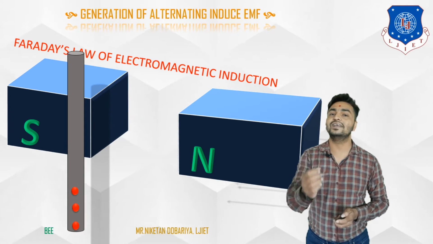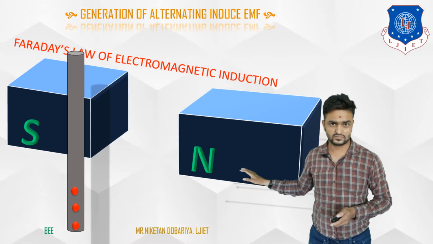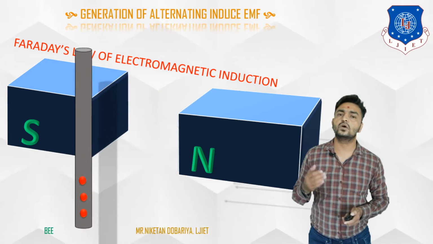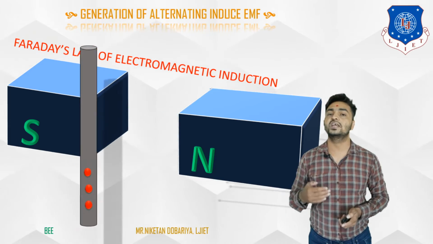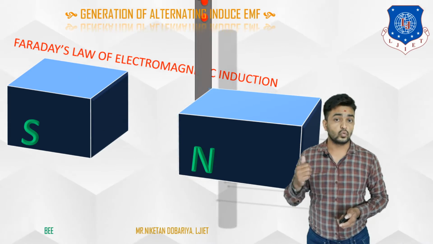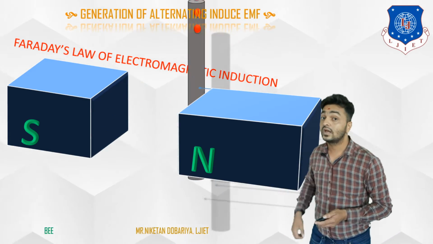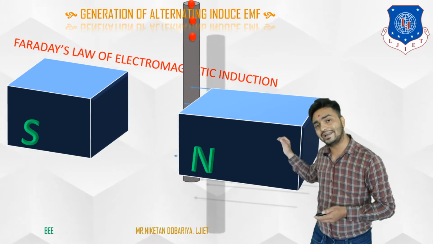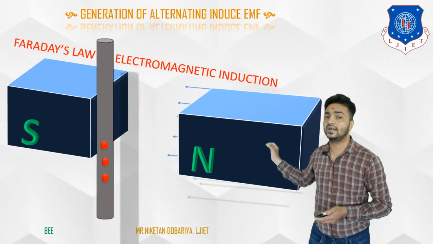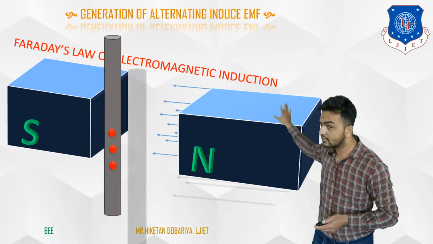To provide relative motion between the magnetic field and this conductor. So let's say we are moving the conductor in this magnetic field to provide variable flux. When this conductor moves through the magnetic field, we are providing variable flux to that conductor, and because of that, according to Faraday's law, EMF will be induced in this conductor.